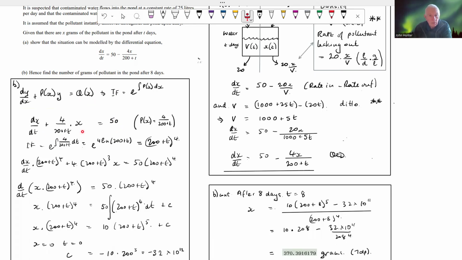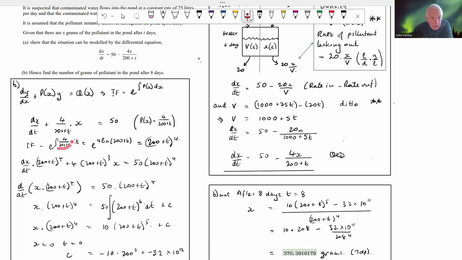That's a rearranged form. So our p of x is this, and therefore our integrating factor is e to the power of the integral of p with respect to time.